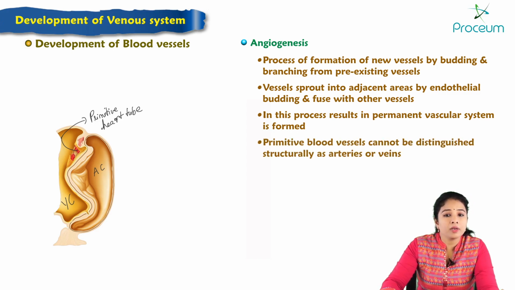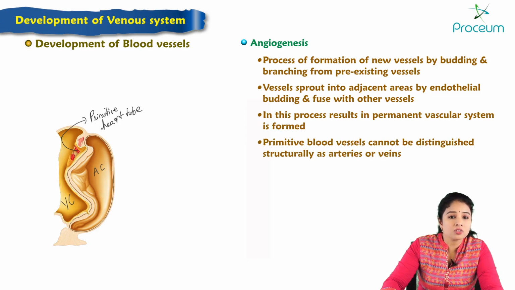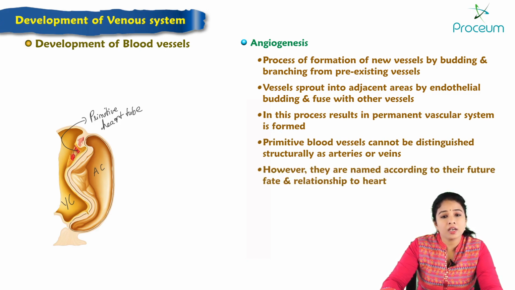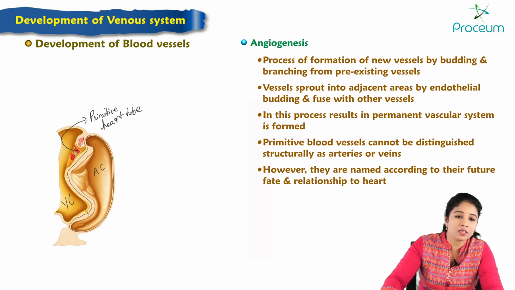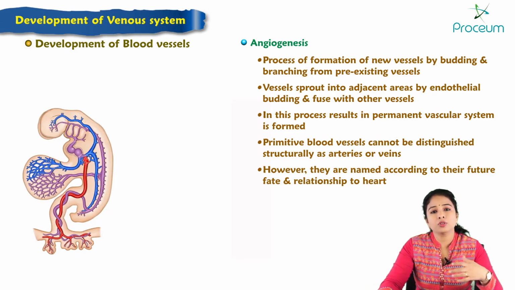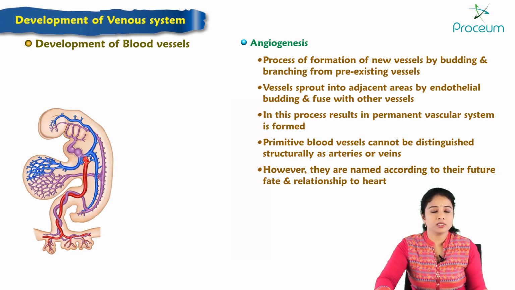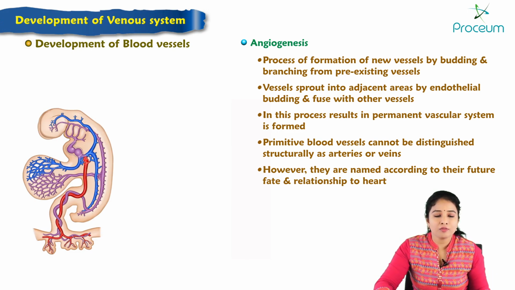So the primitive blood vessels cannot be distinguished structurally as arteries or veins. However, they are named according to their future fate and relationship with the heart. So let's see the mesoderm which gives rise to these blood vessels. There are two varieties of mesoderm which we know in general embryology, that is extraembryonic and intraembryonic mesoderm.